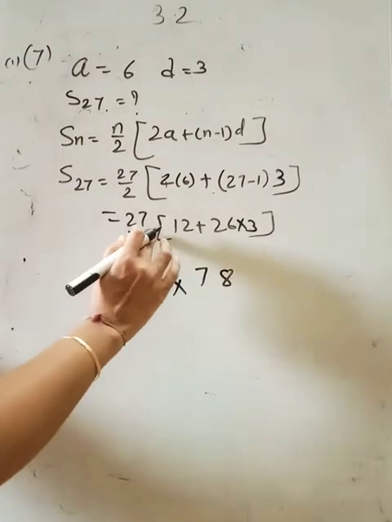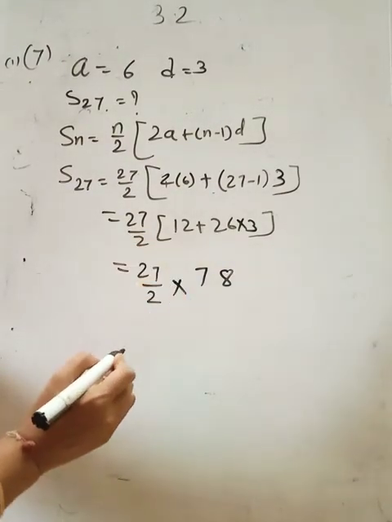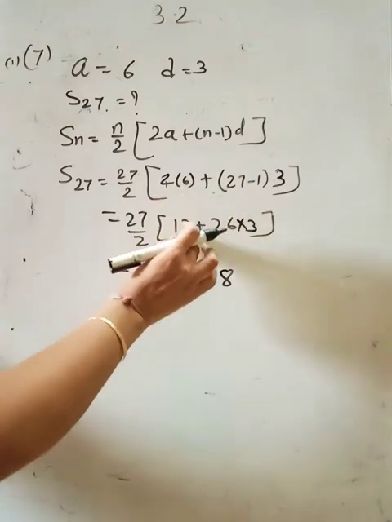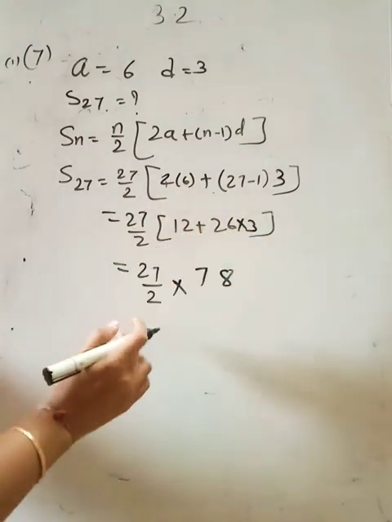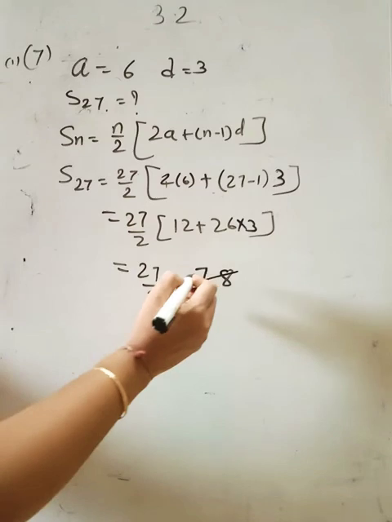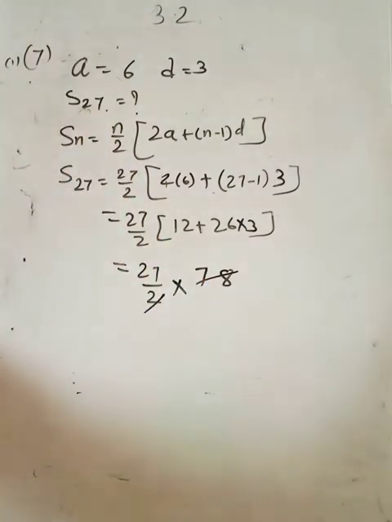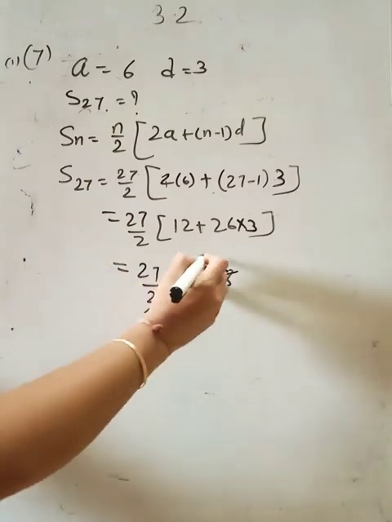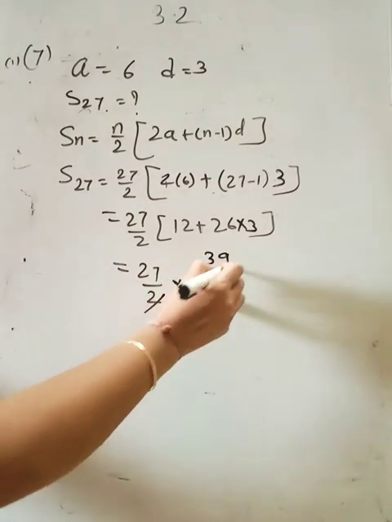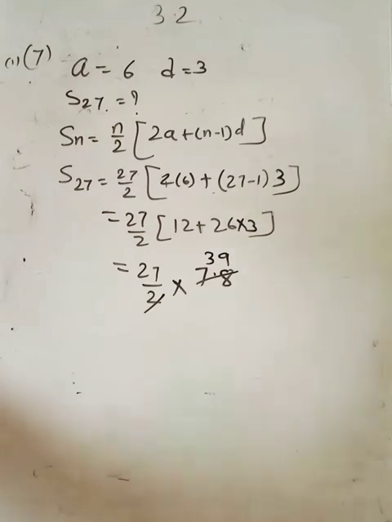Multiply, multiply. Got it? All the steps. Now you can do the cancellation, children. Divide by 2. But miss, it was plus 26 into 3, no?